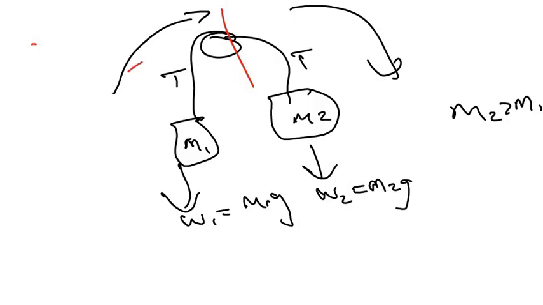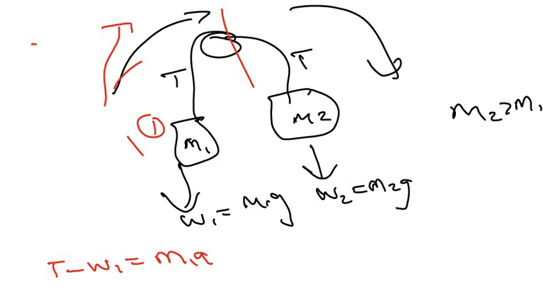With respect to M1, it's going up, meaning tension is winning. So tension minus the weight W1 is equal to M1 times the acceleration. For the other part, weight is winning because this thing is going down; tension is losing.